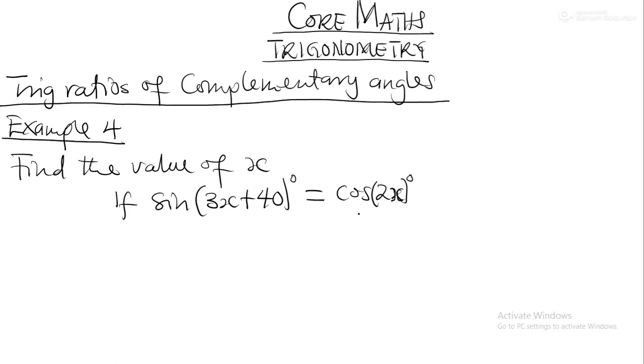We now understand that the sine of an angle will only be equal to the cosine of another angle if and only if the sum of the angles adds up to 90 degrees. So to solve this, we have to add 3x + 40 to 2x, and then equate it to 90 degrees. That is what we learned. Let's look at the presentation.